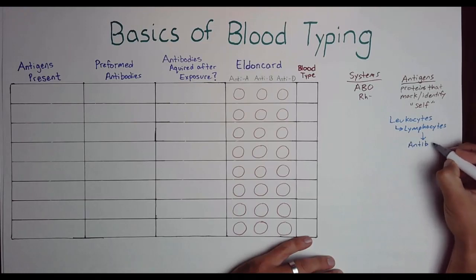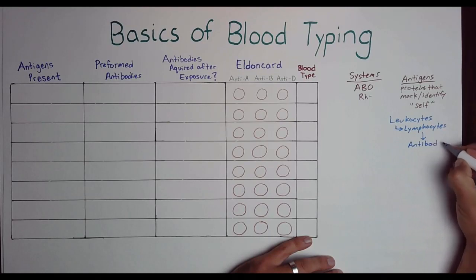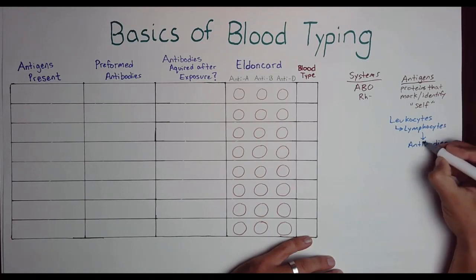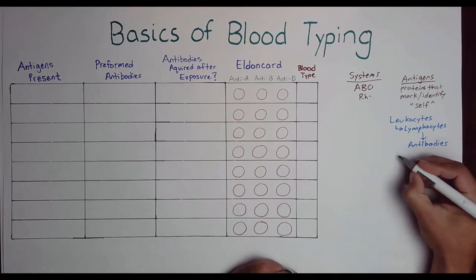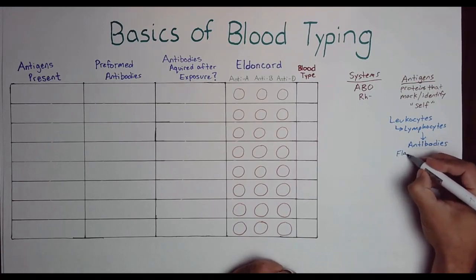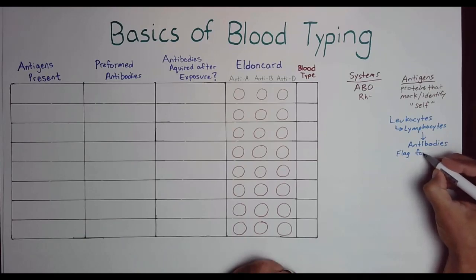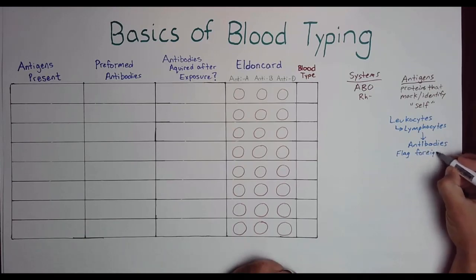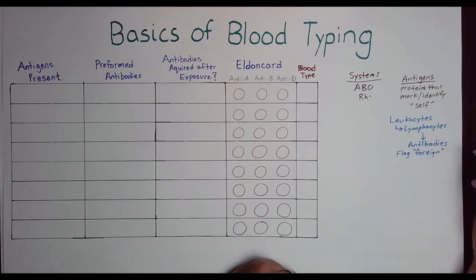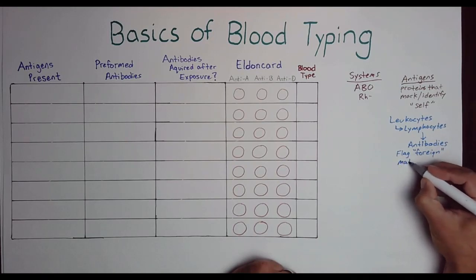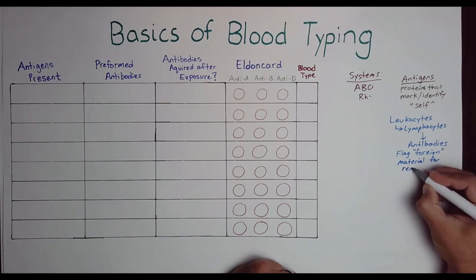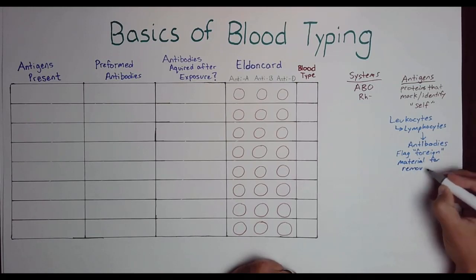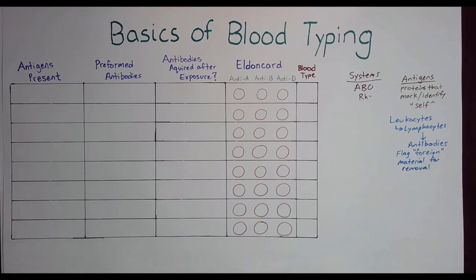So lymphocytes produce antibodies, and these antibodies flag foreign material for removal by things like monocytes.